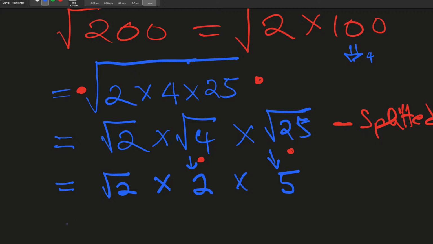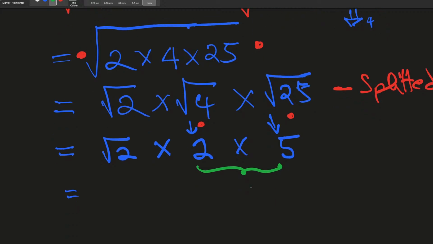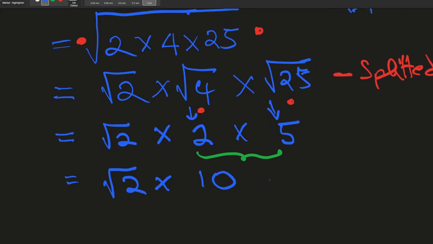Therefore we have 2 times 5, which gives us 10. So this will be root 2 multiplying 10, and our answer is equal to 10 root 2. So this is a simplified form.